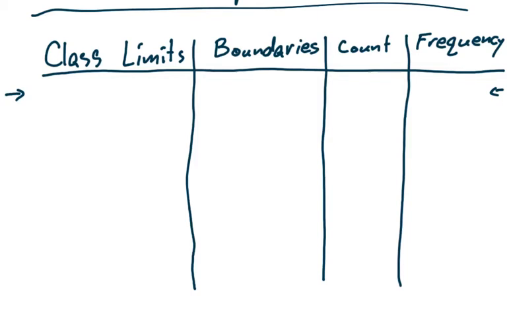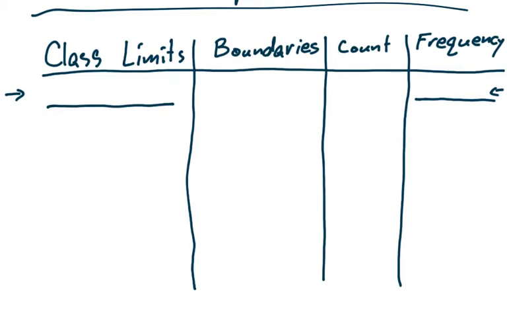And remember, these are exactly the same as the boundary of a number that we discussed in chapter 1. The count, or in the book it says tally, is we're just going to go through our data and count the total number of values that fall into each one of these classes. And then after we've tabulated that, we'll just put this as a number right here for the total number of occurrences of data within this range, the class limit over here.